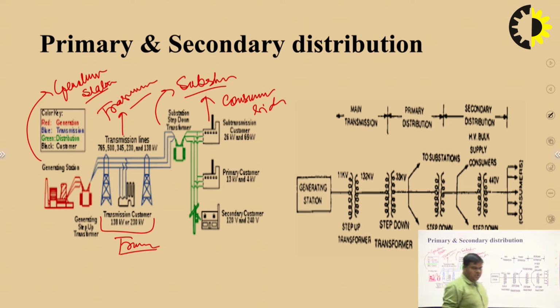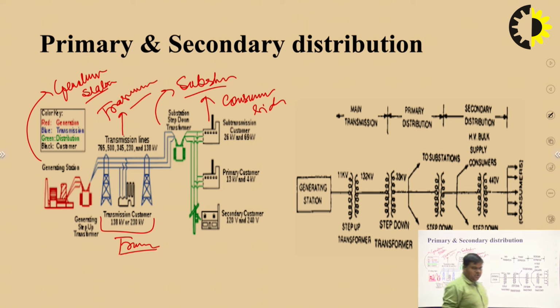On the secondary side, the second level uses 440 volt and 230 volt, where domestic consumers or small scale appliances use this voltage level. If we talk about the primary distribution voltage, it is 11 kV or 33 kV in this range.